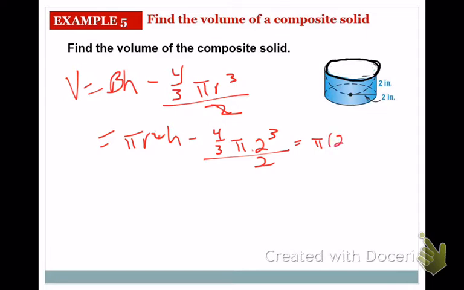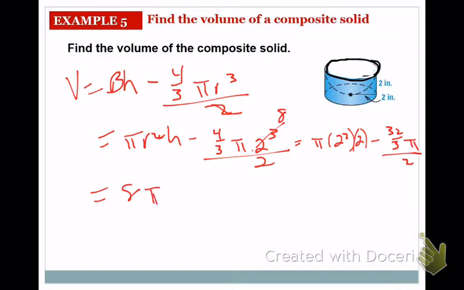So pi times 2 squared times 2 is going to be the volume of that cylinder, minus, well, 2 cubed is 8. 8 times 4 is 32. 32 divided by 3 is just 32 over 3 times pi. And we're supposed to be dividing all that by 2. So we get 2 squared is 4 times 2 is 8.